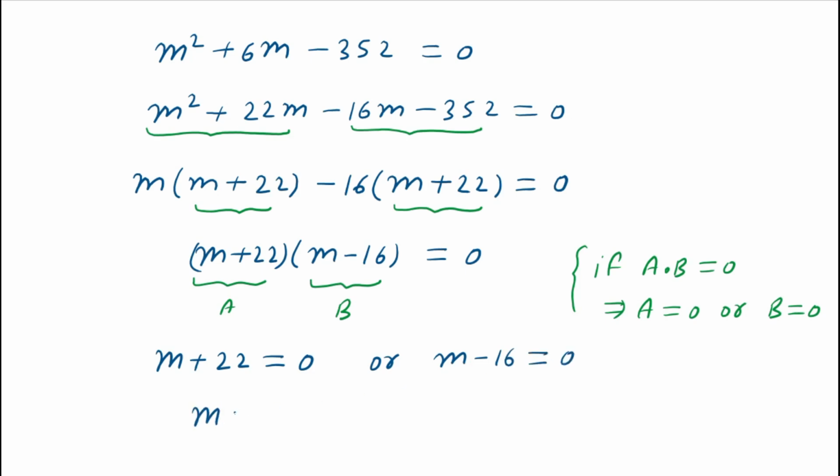Here the value of m is equal to minus 22, or the value of m is equal to 16. We have two possible values of m. First value of m is equal to minus 22, and second value of m is equal to 16.